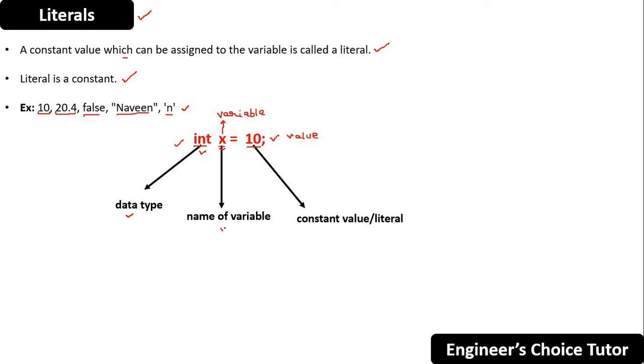X is the name of the variable. And 10 is a constant value, or the literal, that we are assigning to this x variable. Hope it is clear, right? It means a literal is a value that is stored into any variable. That's what we saw just now.